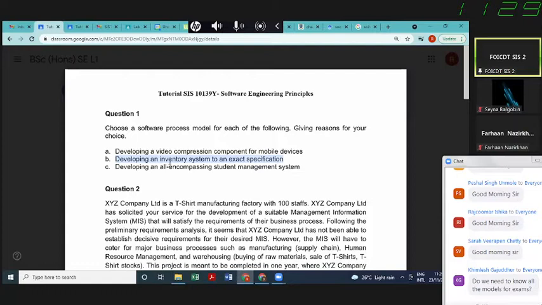All-encompassing here. What comes to my mind is that it's going to be a very big system, and you cannot really deliver a very big system having all functionalities in one go, because it might take 2 years, 3 years.